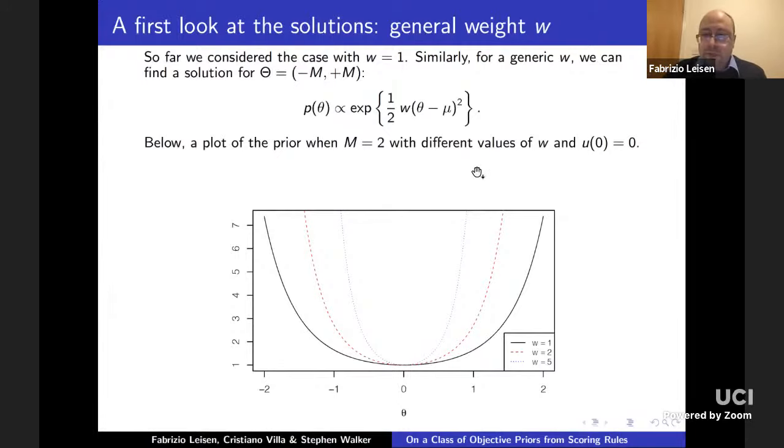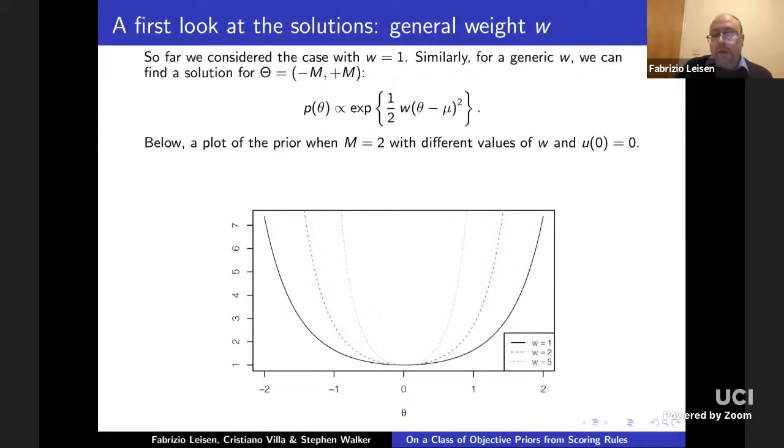So just to show the behavior of this prior, if we select M equal to some value and we plot the prior for different values of w, and we set the initial condition u0 equal to 0, we can see that the shape of the prior changes with the weight.